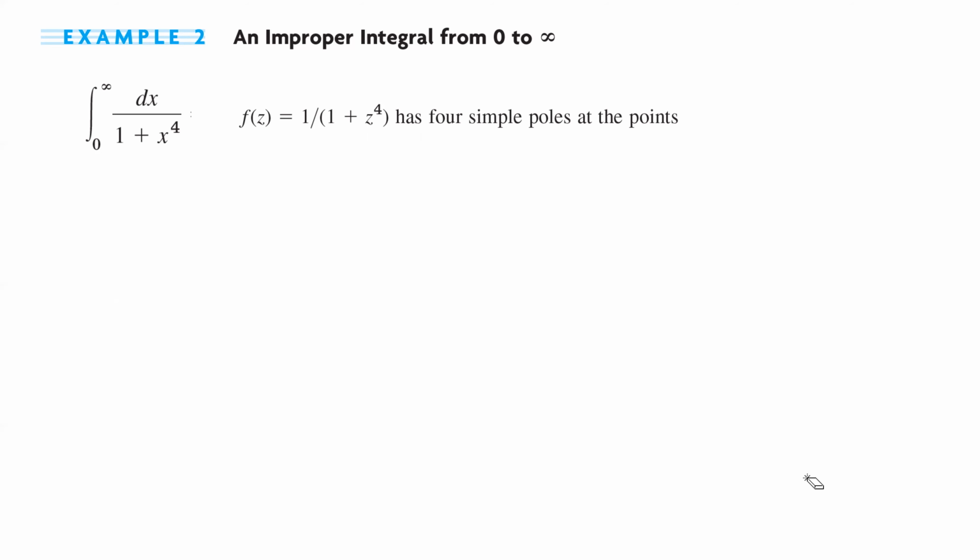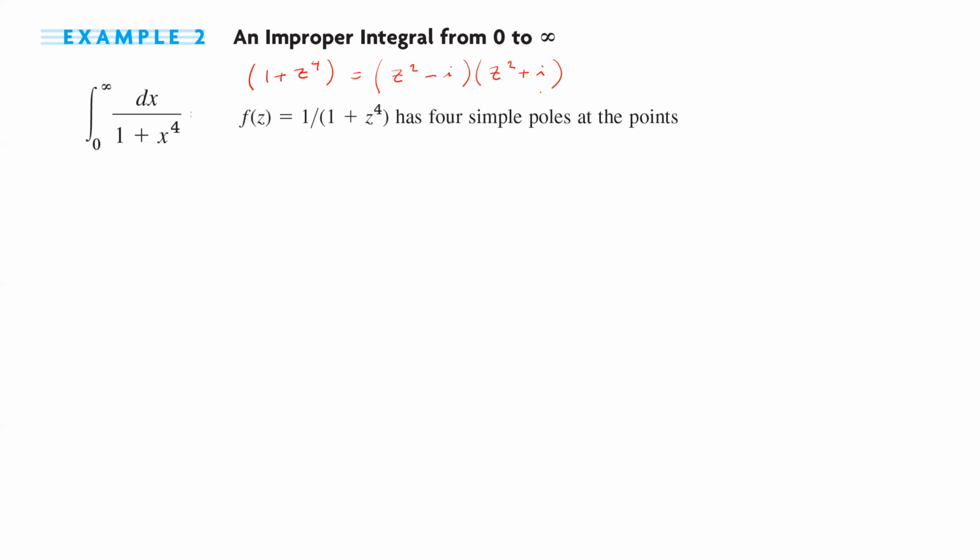It has 4 simple poles. So 1 plus z to the 4th can be written as z squared minus i times z squared plus i, right?